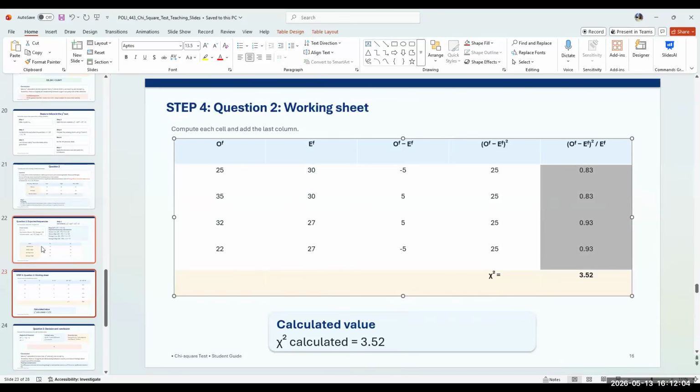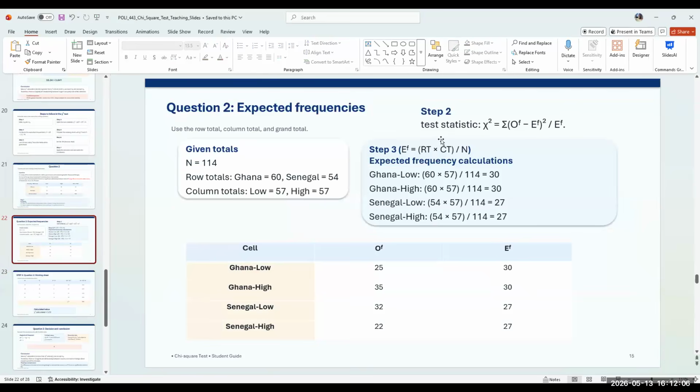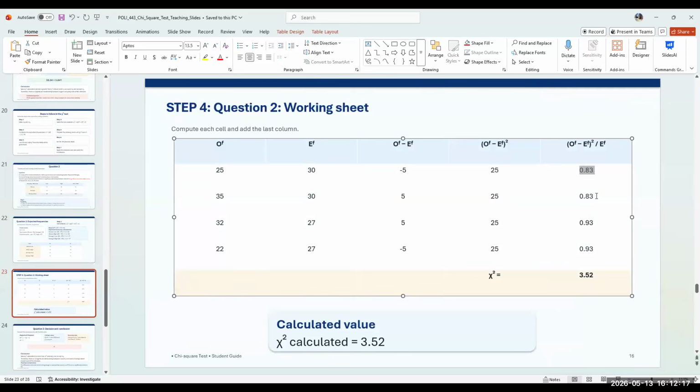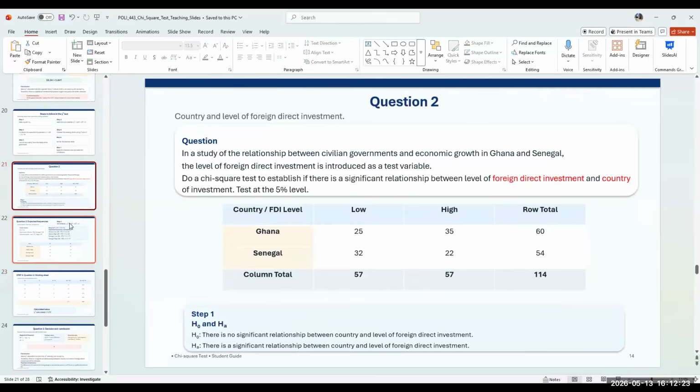The formula for this is sigma of OF minus EF squared divided by EF. So what George did was add all the values under this, and finally we got 3.52. It means that now we have found the answer.